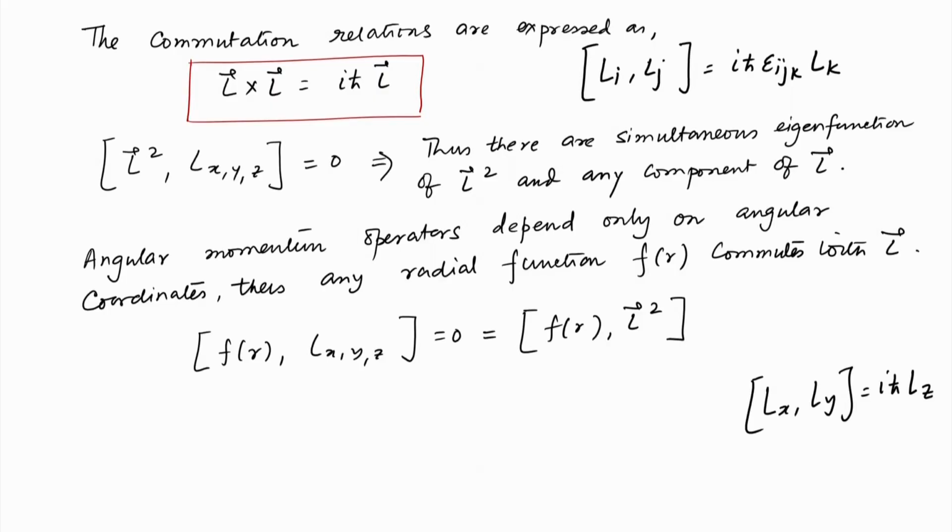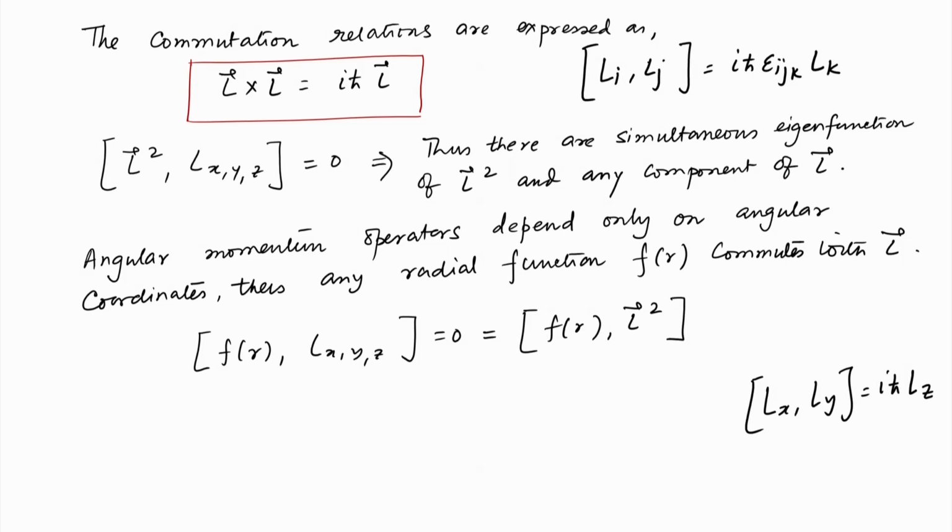However, in most practical cases, two operators are chosen, that is L square and Lz, for no particular reason other than the fact that Lz has a particularly simple form and Z is often taken as the preferred axis. And the angular momentum operators depend only on the angular coordinates, which is what we said.